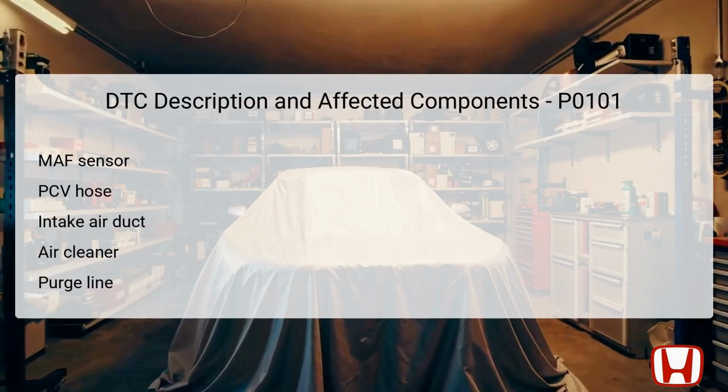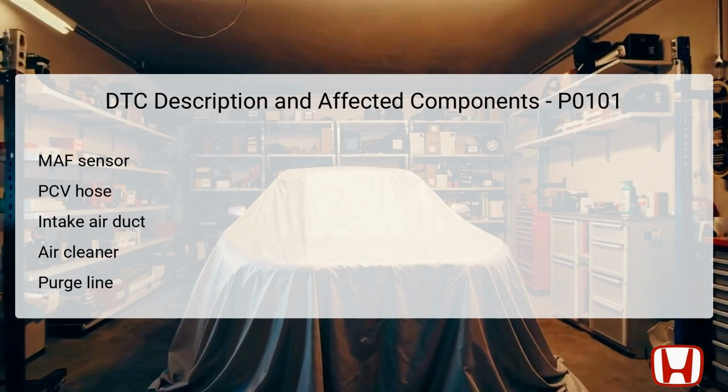The components affected when DTC P0101 is triggered primarily include the MAF sensor, PCV hose, intake air duct, air cleaner, and the purge line. The MAF sensor is located in the intake manifold and is responsible for calculating the mass of air entering the engine.